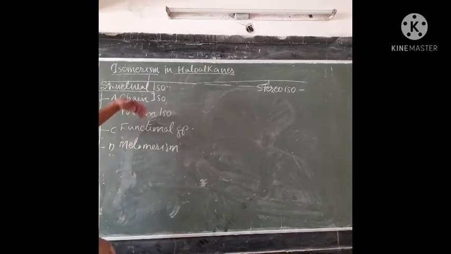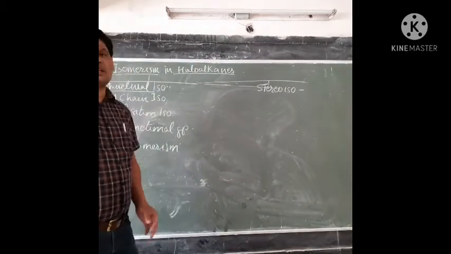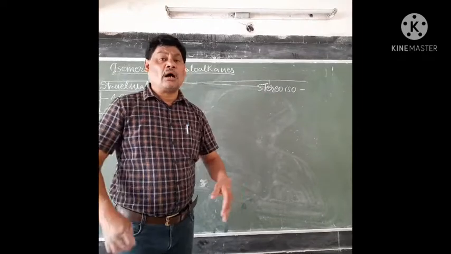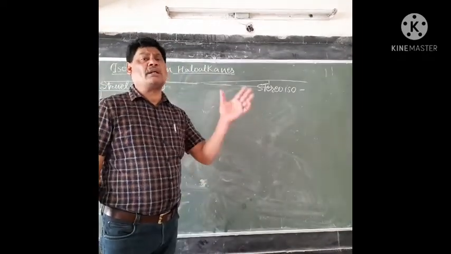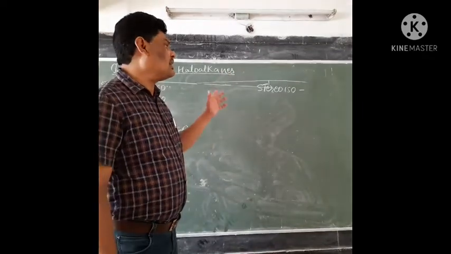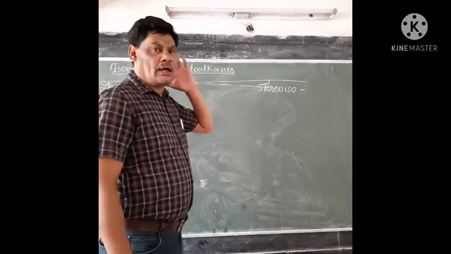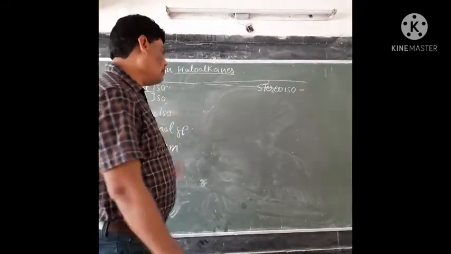Okay. And in stereoisomerism, stereo configuration means the spatial arrangement of atoms or groups is different in two different compounds but they have the same molecular formula. Such isomers are called stereoisomers.